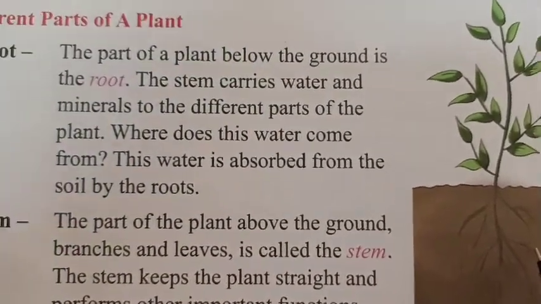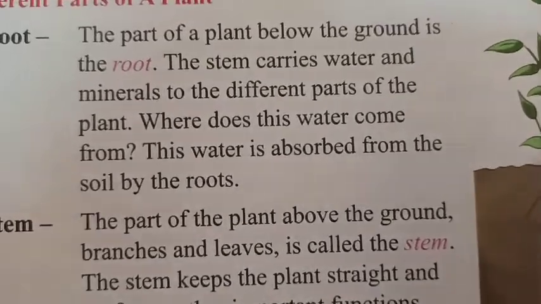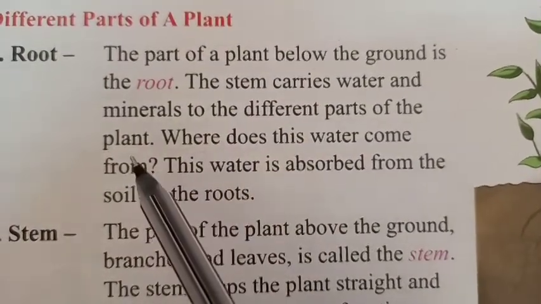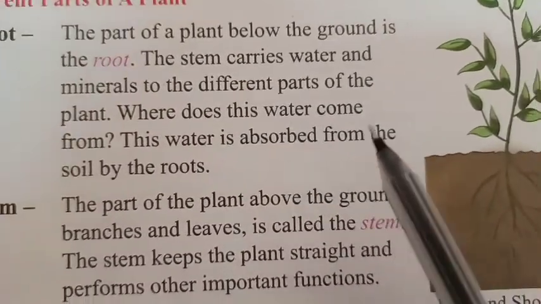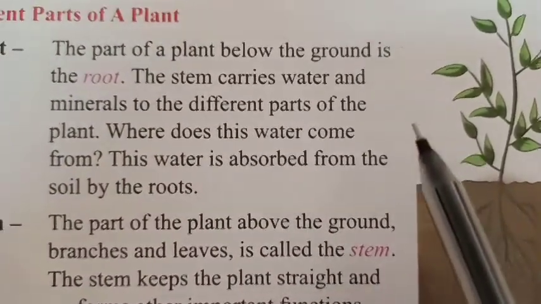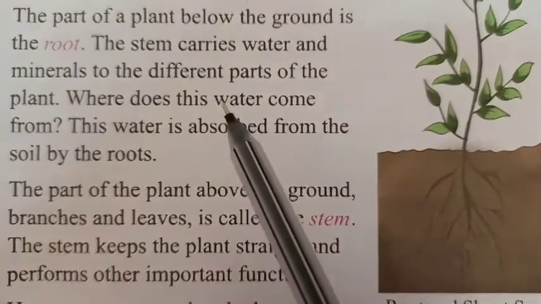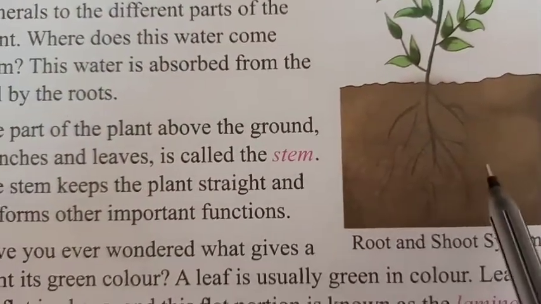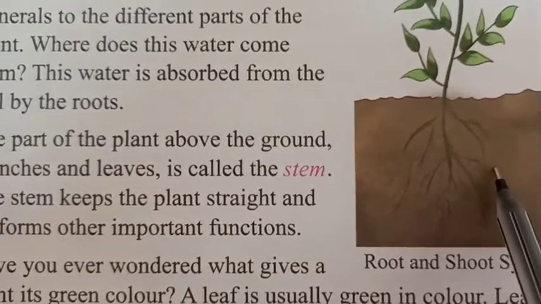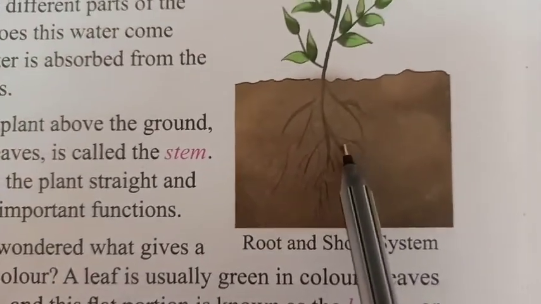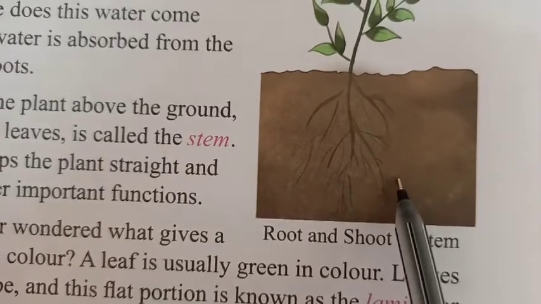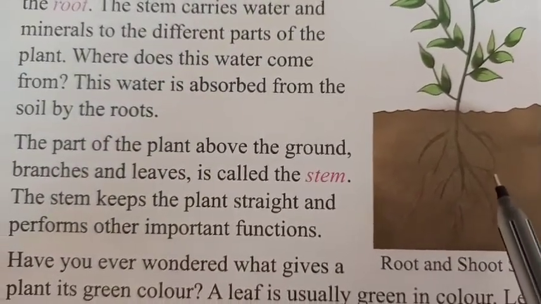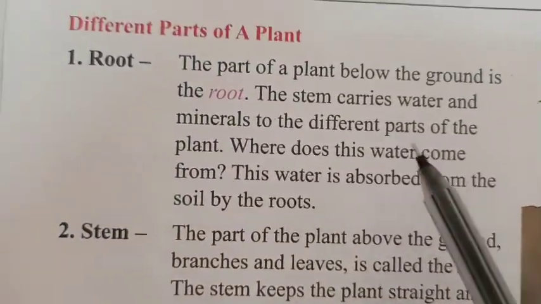Here they ask one question: where does this water come from, meaning from where the root absorbs water and minerals. The answer is that the water is absorbed from the soil, the water which is present in the soil. Soil has the capacity to store some amount of water, and that water can easily be absorbed by the roots.